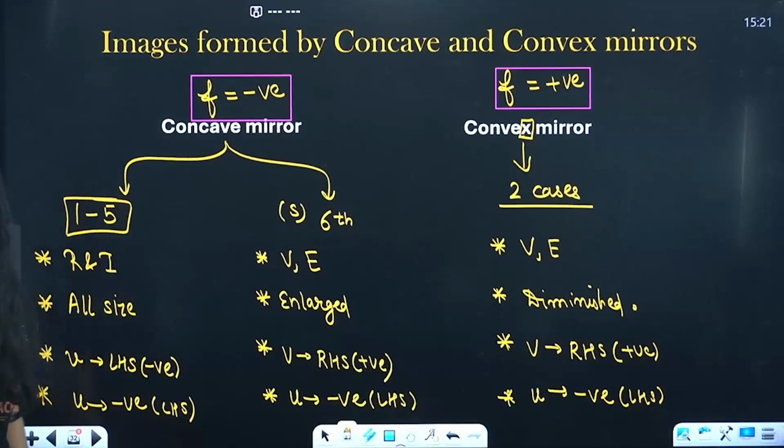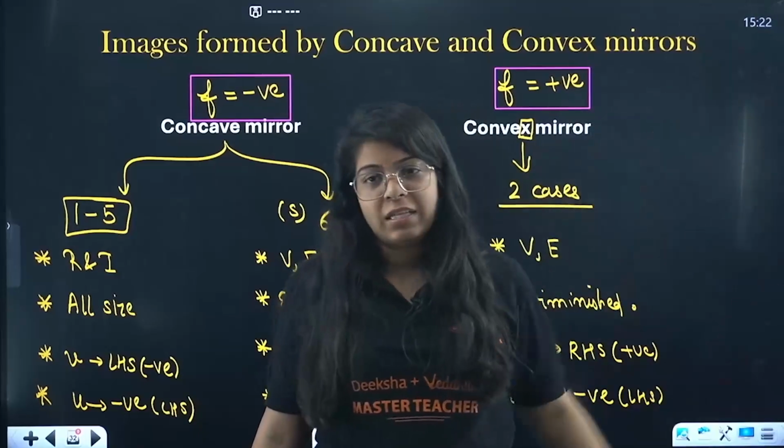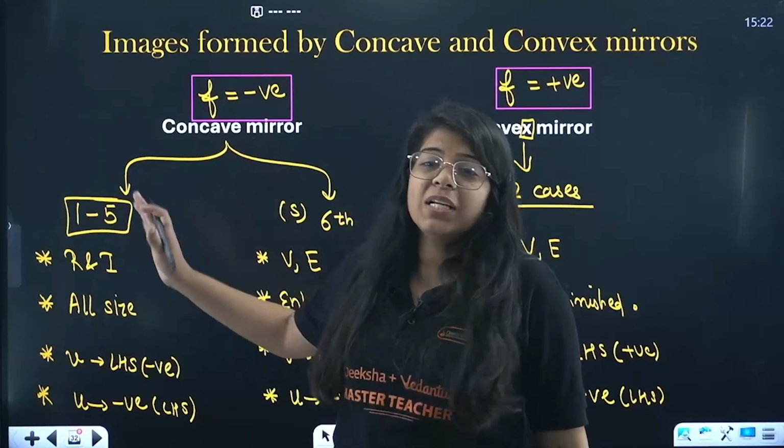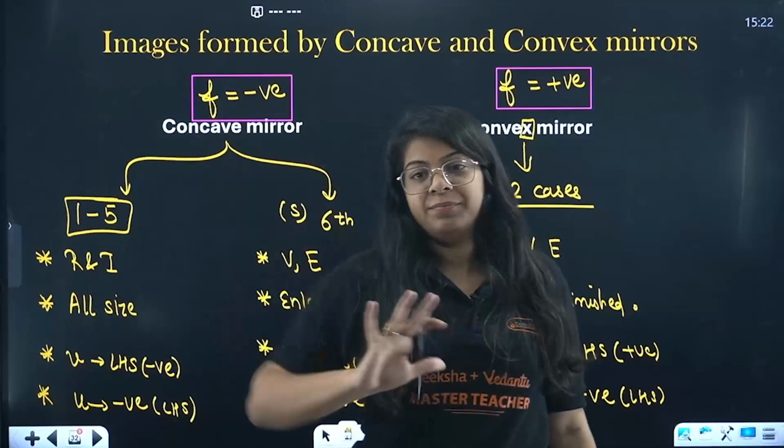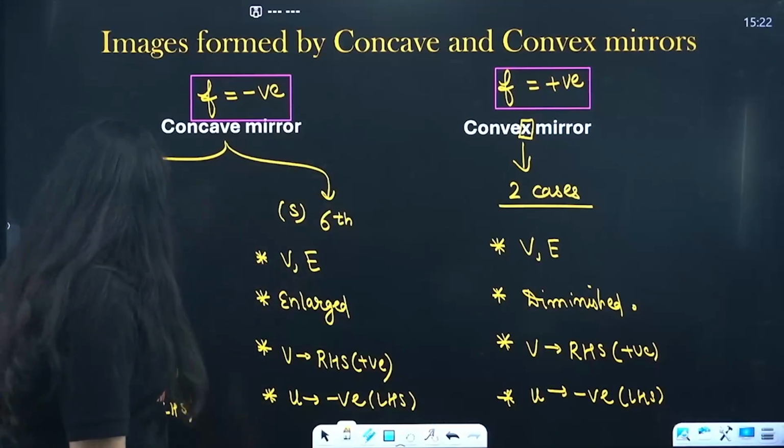Now I can guarantee you that this is the only slide you need to do any kind of numerical in your whole class 10th. This is the only slide you need. Okay, done? Okay, beta, let's move on to the very next thing.